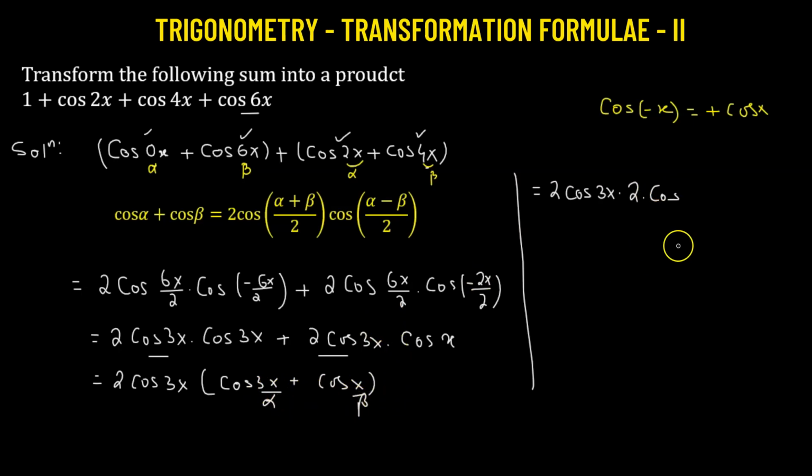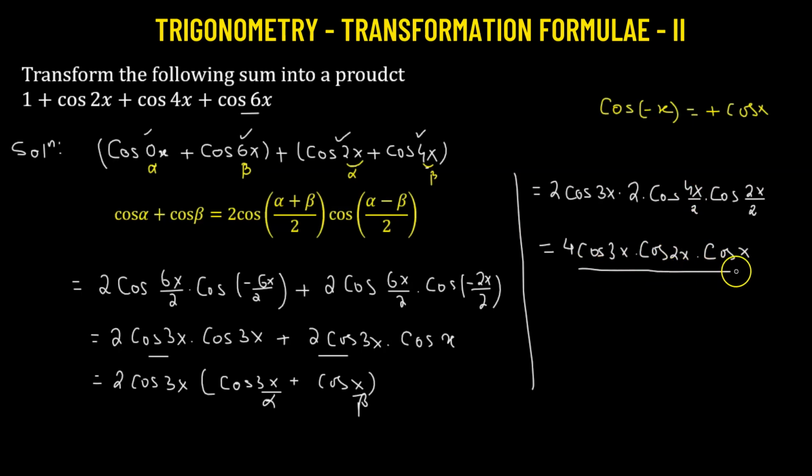So we have 3x plus x, which is 4x divided by 2, multiplied by cosine of alpha minus beta, which is 2x over 2. This gives us 4 times cosine of 3x. Cosine of 4x over 2 will be cosine of 2x, and cosine of 2x over 2 is simply cosine of x.